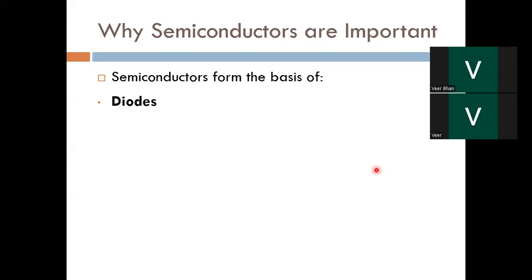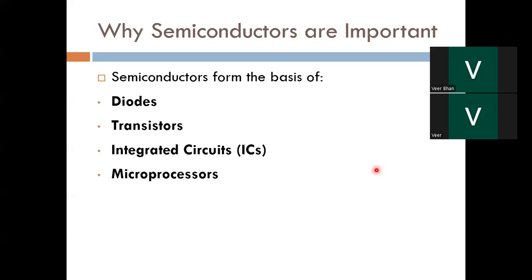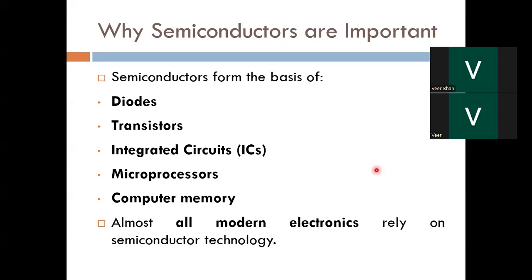Semiconductors form the basis of diodes, which will be our first major topic, transistors, then integrated circuits, ICs, microprocessors, computer memory, and so on. So almost all modern technologies rely on semiconductor technology, and this is why they are important.